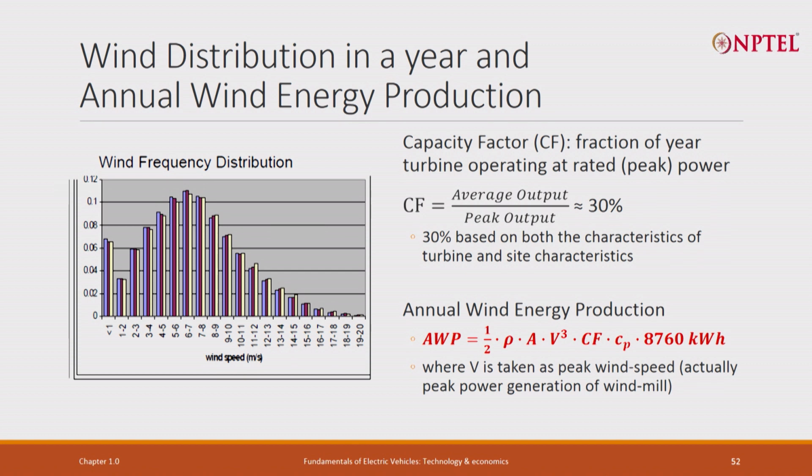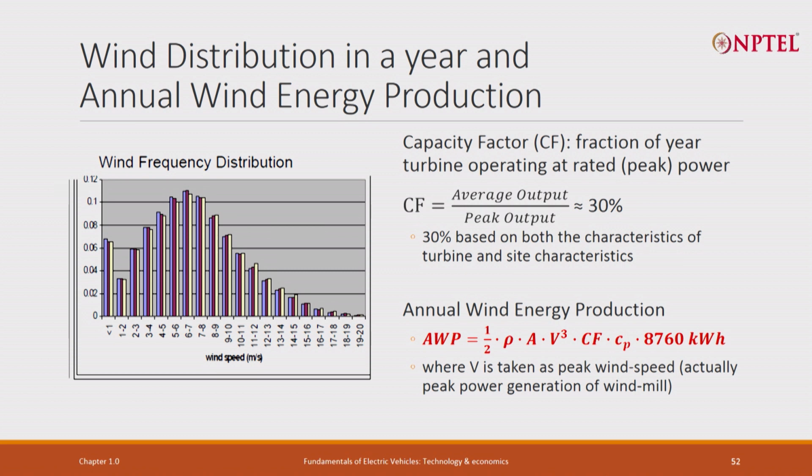So, typically there is a certain peak, the capacity factor. In a year, wind is not constant, it keeps on changing. Now, there is a peak power, a peak output that you can produce when you get the best possible wind, and average output by peak output is called the capacity factor.